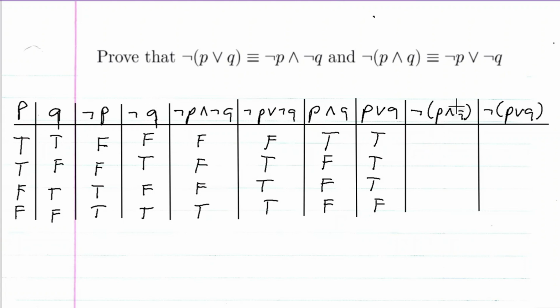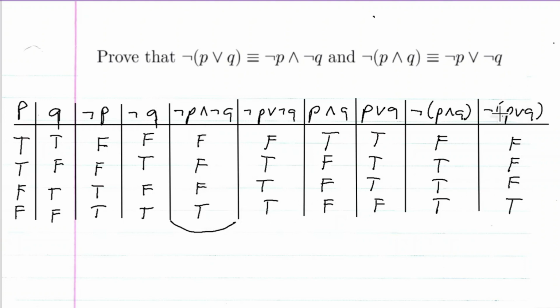Okay, so now we're going to apply the negation of P and Q. So we're going to look at P and Q and do the opposite. So this will be false, true, true, true. And we're going to apply the opposite of P or Q. So this will be false, false, false, true. So notice for not P and not Q, we have false, false, false, true.